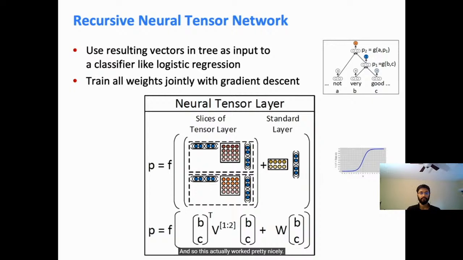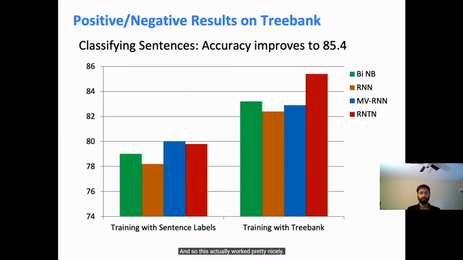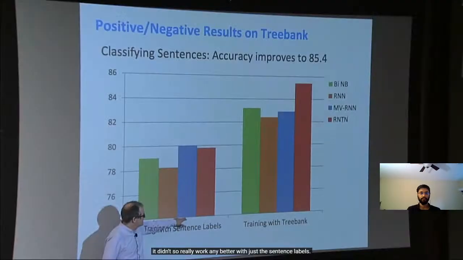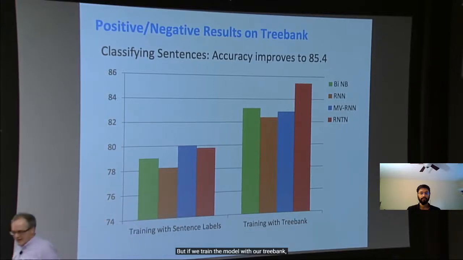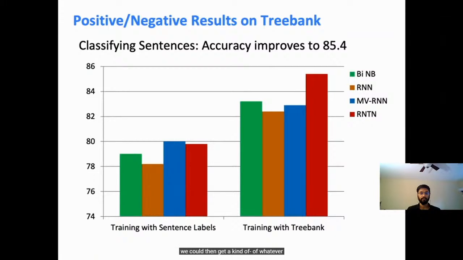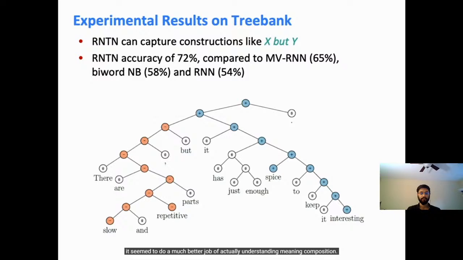And so this actually worked pretty nicely. In particular, it didn't really work any better with just the sentence labels, but if we trained the model with our treebank, we could then get about another couple of percent in performance. And so that seemed good. In particular, it seemed to do a much better job of actually understanding meaning composition.